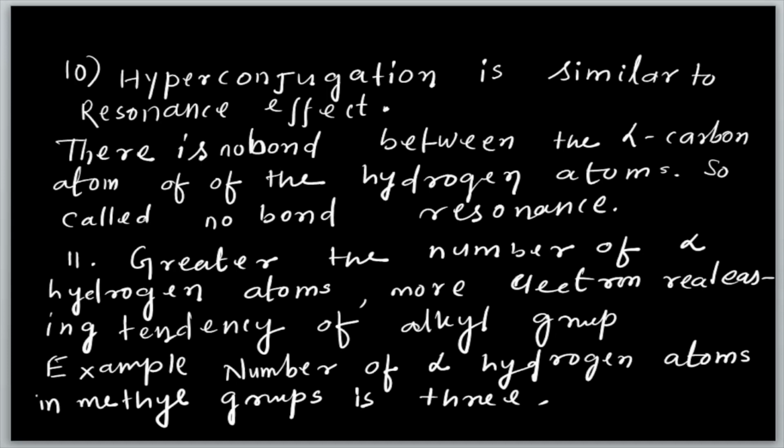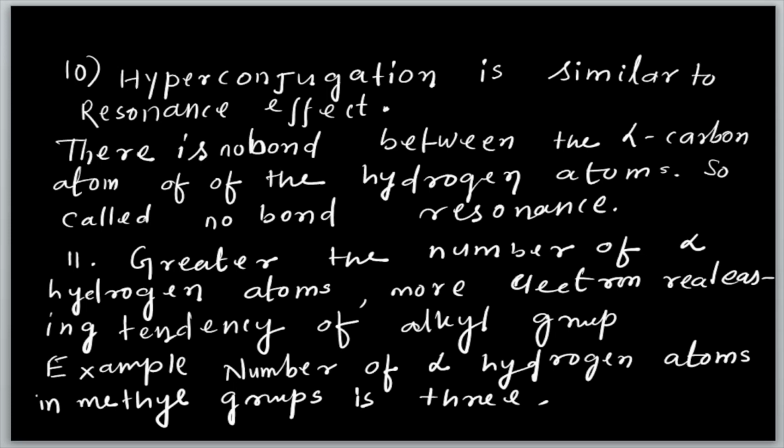In the resonance effect there is no role of alpha carbon or alpha hydrogen, and no H plus idea. But here, since alpha carbon and alpha hydrogen are there and no bond is there, it is called no bond resonance. It behaves as a resonance, but actually it is no bond resonance because simply H plus is there and there is no bond.